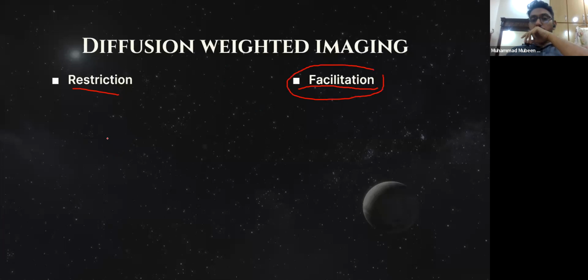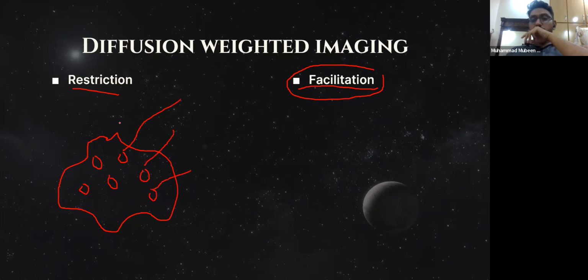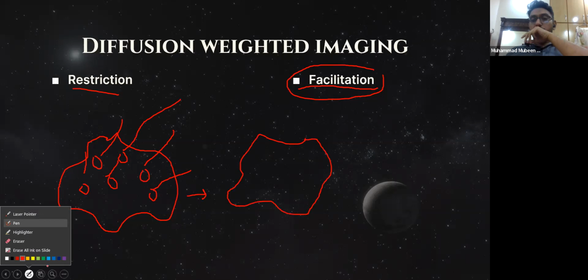What happens? We have a certain area in which there are a lot of water molecules which are moving randomly. What we do is we give them a radio frequency pulse. All of these receive a radio frequency pulse, and after some time, we ask them to send back the pulse that we just gave them.